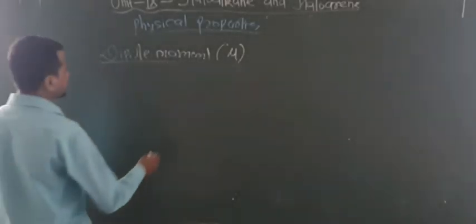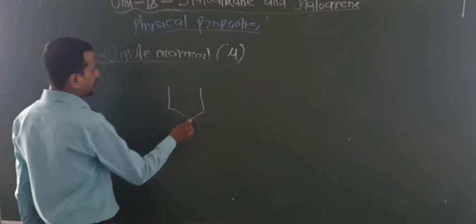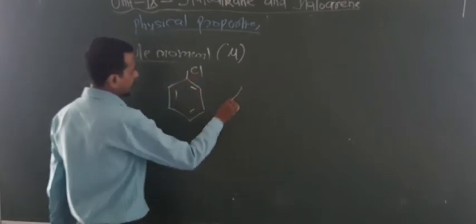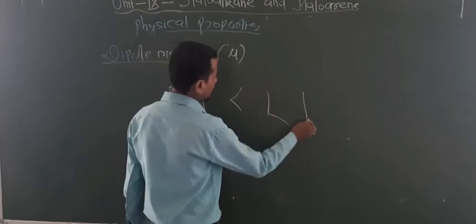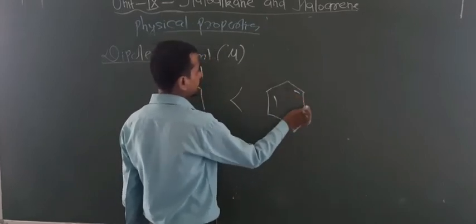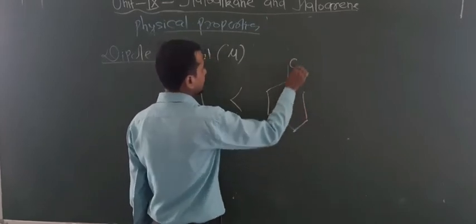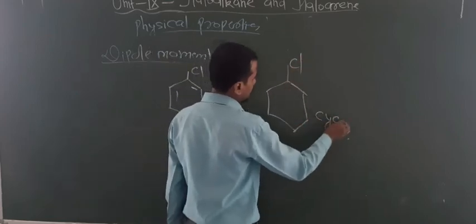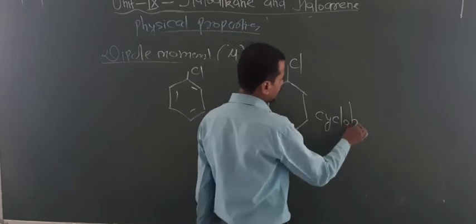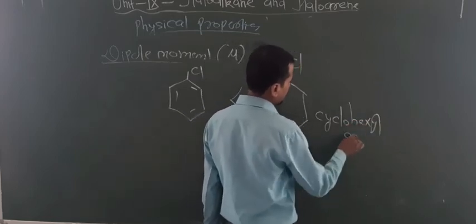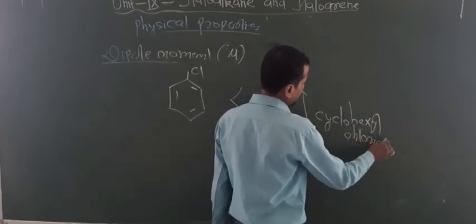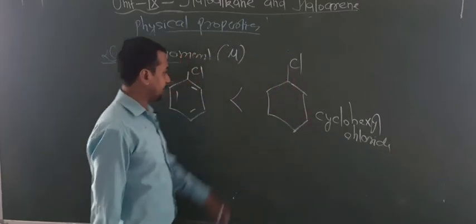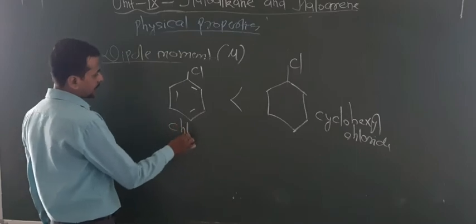Look at here, the dipole moment of chlorobenzene is less than the dipole moment of cyclohexyl chloride. You can also write the name chlorocyclohexane, and this is chlorobenzene.